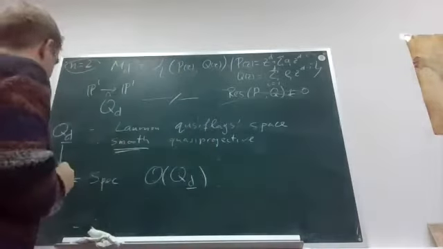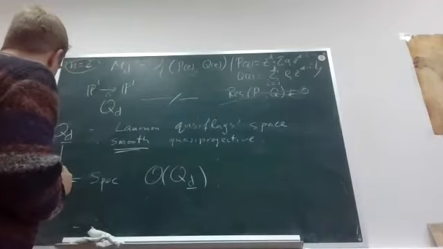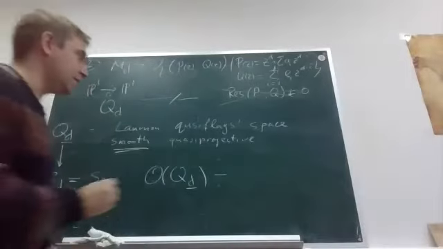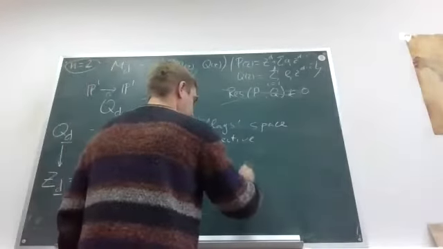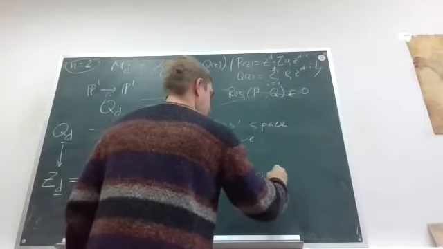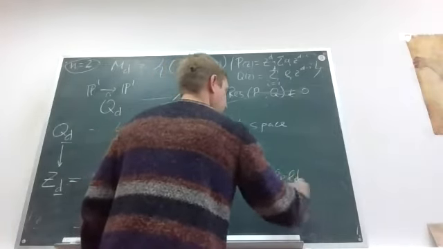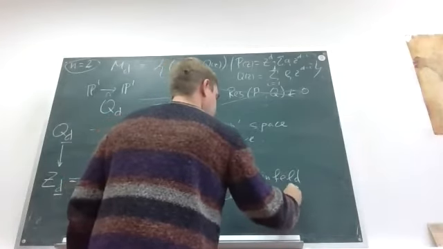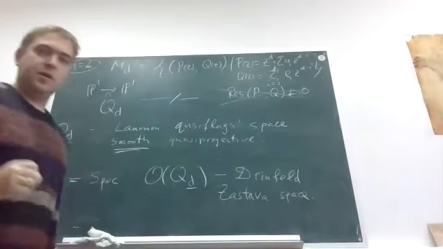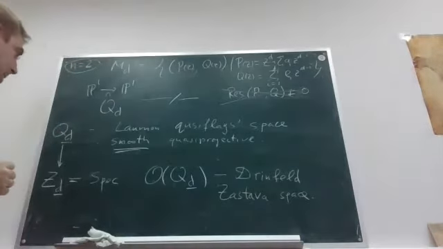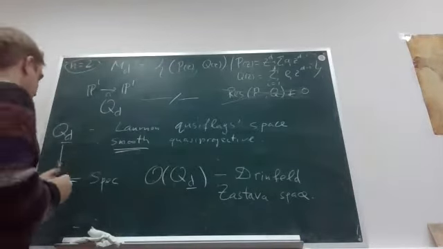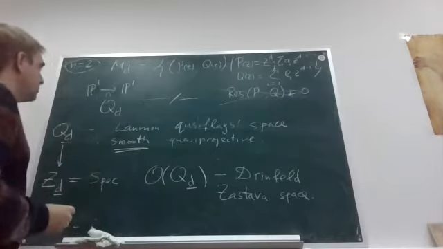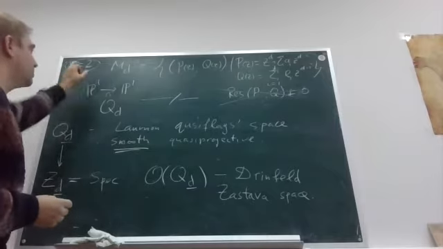Okay, and this is called the Drinfeld zastava space. So this space is no longer smooth outside this n equals 2 case.